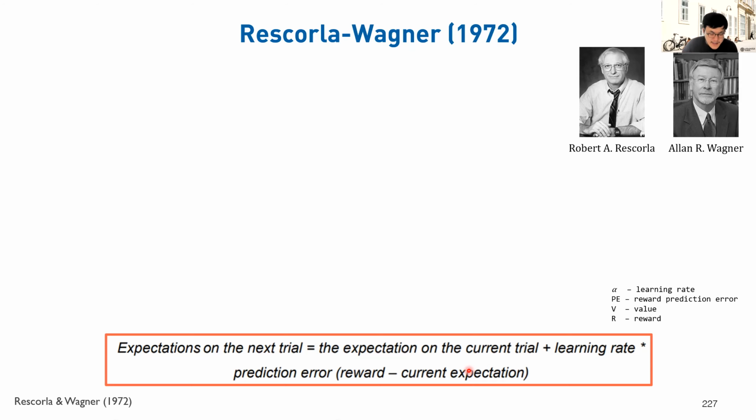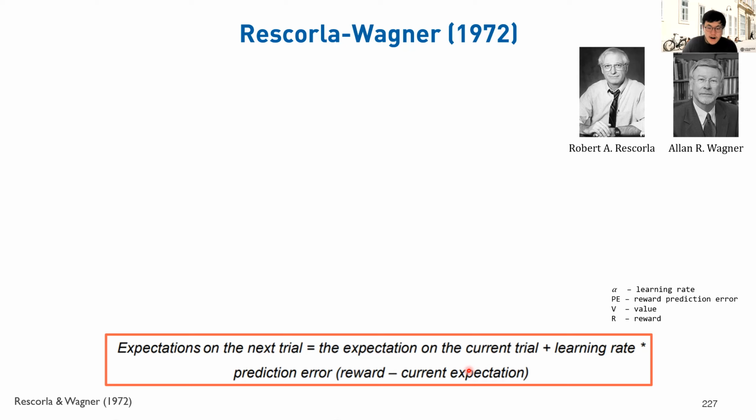Conversely, what is a negative prediction error? That means, well, I predicted I would get money, but then I didn't. Then your actual result is worse than your prediction. So either of these two scenarios: the actual outcome is either better or worse than your prediction. If your outcome is better than your prediction, then your prediction will be increased because you want to be closer to the actual outcome.